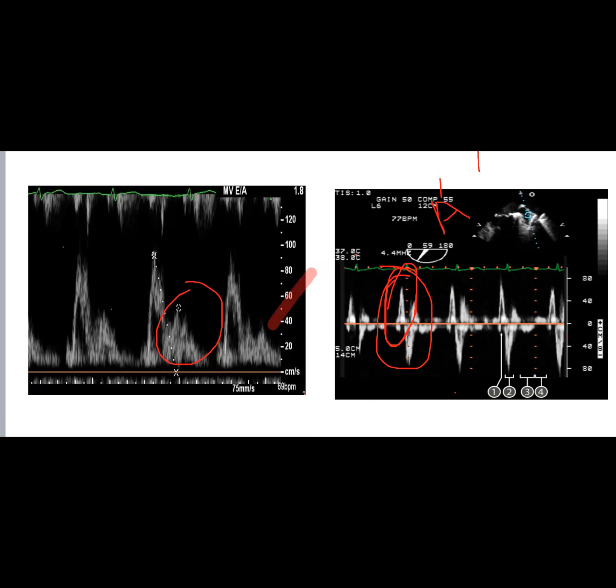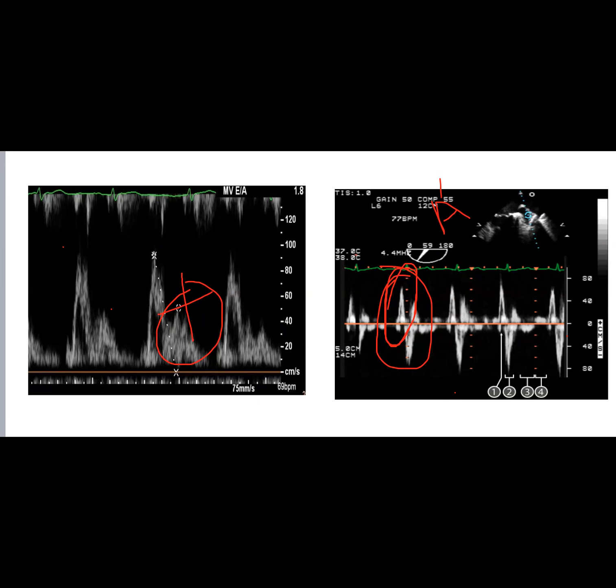Now, when we have atrial fibrillation, what do we have? We lose the atrial kick. When we lose the atrial kick, the mitral inflow will survive because it's not so dependent on the atrial kick, but the LA appendage will not survive. The flow there is more dependent on atrial contraction, so there is stagnation.